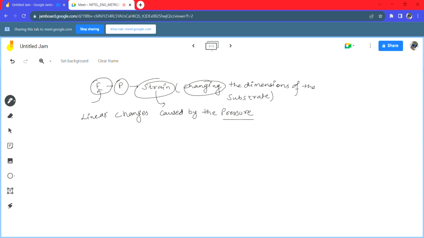How we have created the flow of this problem is that with the applied pressure, there is a change in the linear properties of the body.